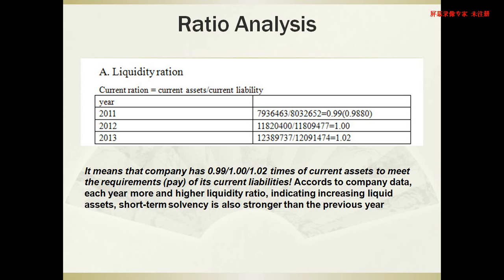According to the data, the Lenovo company has a higher liquidity ratio in each year, and it shows that Lenovo has a good increase in liquid assets and short-term solvency, and it became stronger than the previous year.